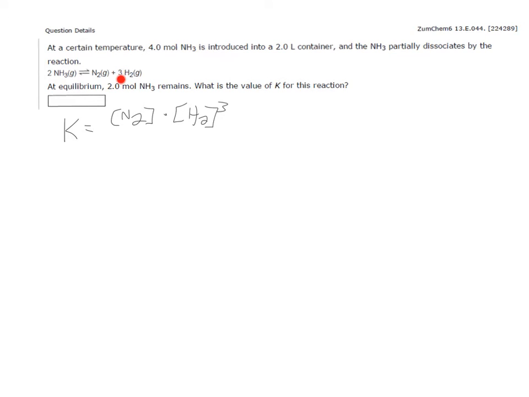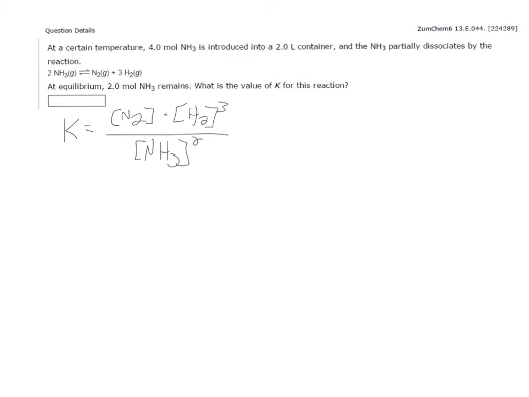There's a coefficient of 3 for H2 in the equation and an exponent of 3 in the equilibrium expression. For the NH3, we have a coefficient of 2 in the equation and an exponent of 2 in the equilibrium expression.